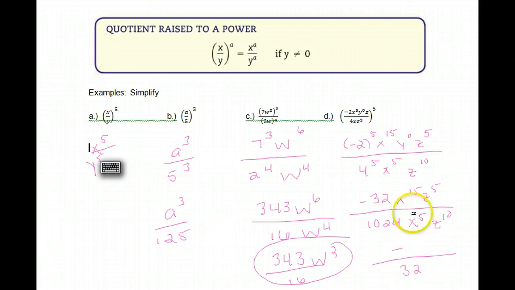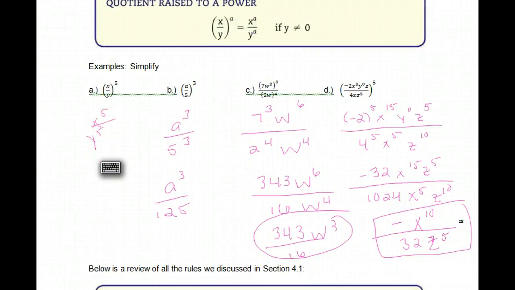As I simplify my x's, I'm going to do 15 minus 5, I get a positive 10, so I will have x to the 10th. And when I do my z's, I will have 5 minus 10, and I will get z to the 5th. And there is our final answer.